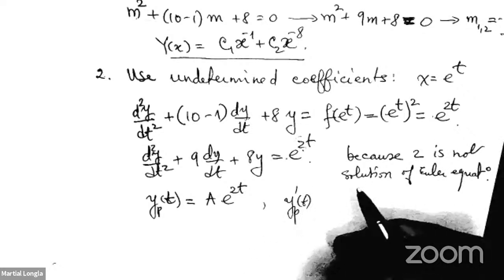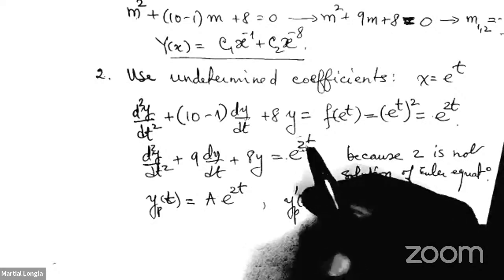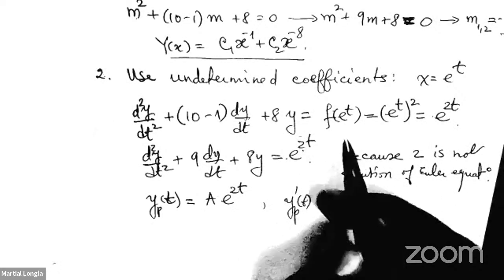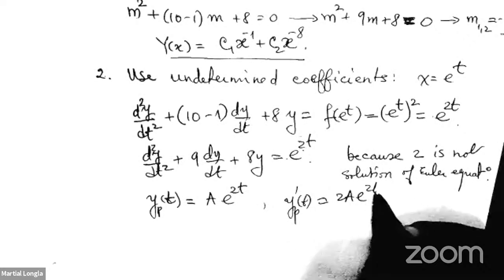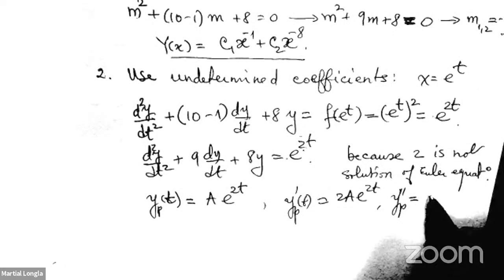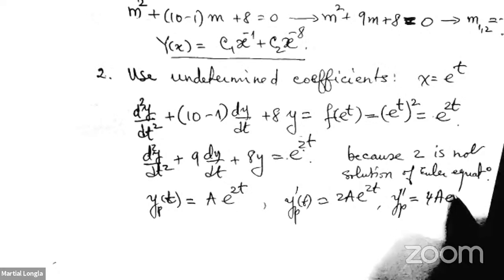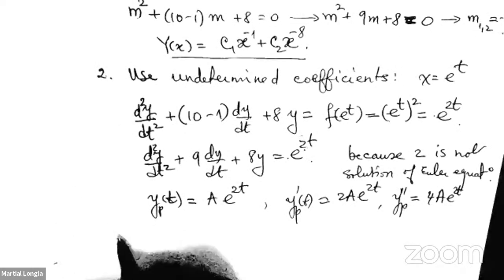And this is why it would be good, before you get to this lecture, to have done already the homework part that is related to that, because it's helpful. Derivative, you get 2a e to the 2t. Second derivative, you get 4a e to the 2t. And now you can track the coefficients.